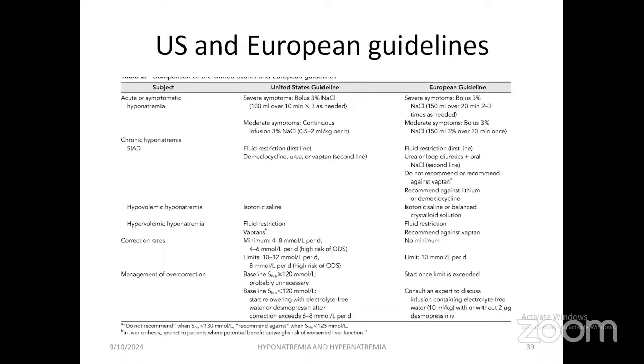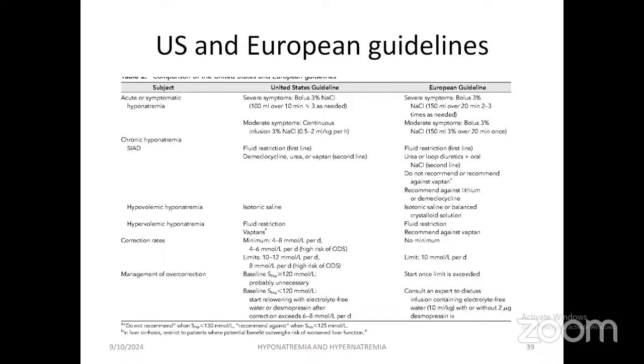For chronic hyponatremia in SIADH, according to US guidelines, the first line is fluid restriction, and the second line is demeclocycline, urea, or Vaptans. According to European guidelines, the first line is the same, fluid restriction, and the second line is urea or loop diuretics along with oral sodium chloride.